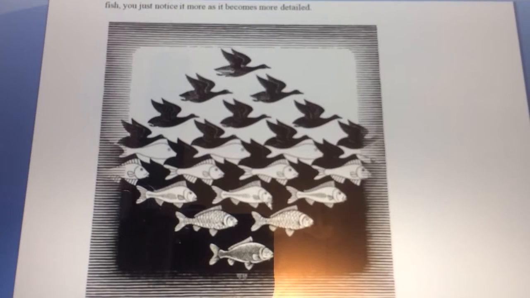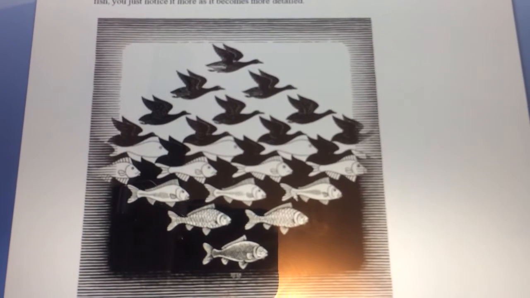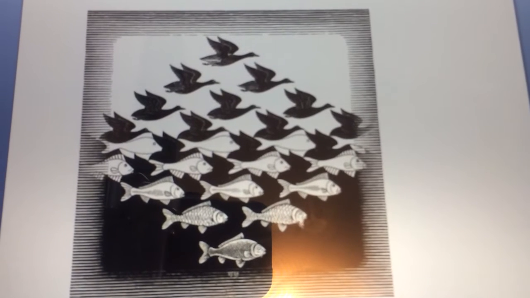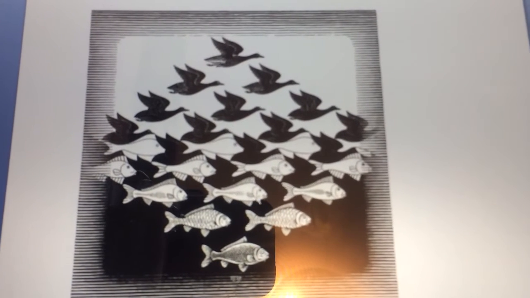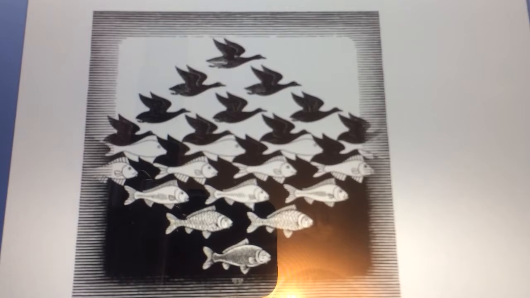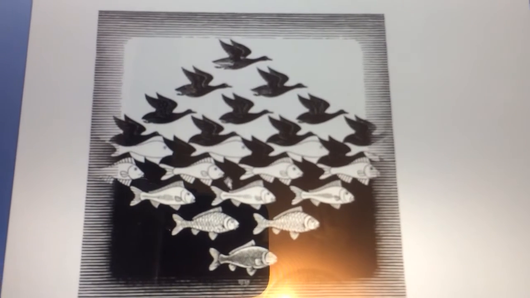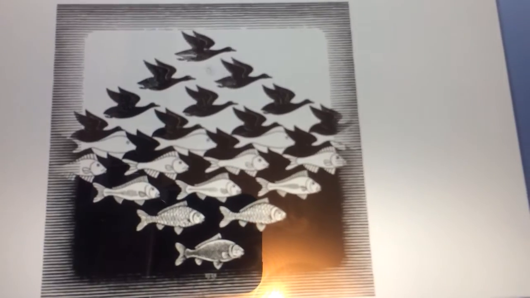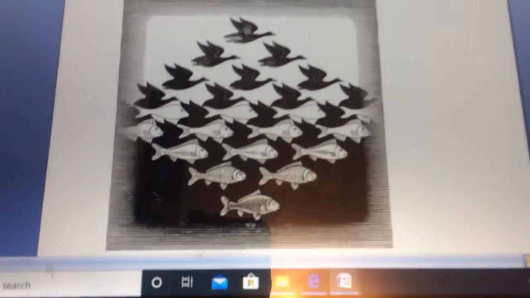If you can sort of look at that space, there's its wing in between the fish. So it helps you start to notice that that's a bird, and helps your eye not focus on the fish anymore. As you can see, gradually he makes the fish less detailed, and he starts making the birds more and more detailed. And gradually the fish fade away, and we just see the birds.